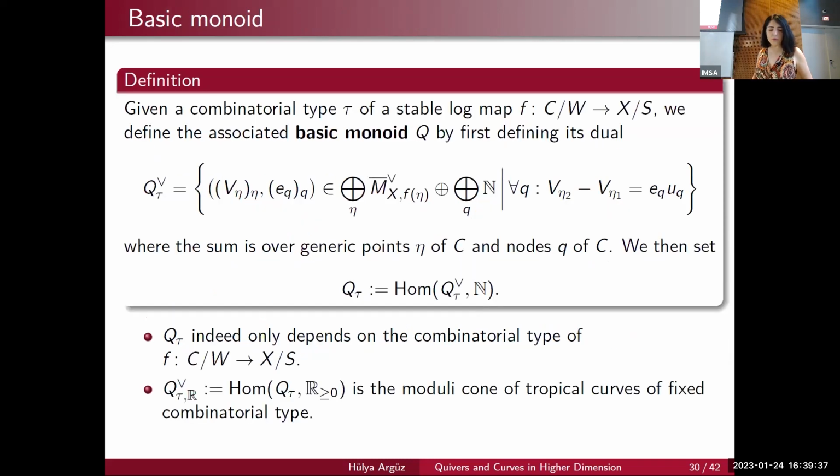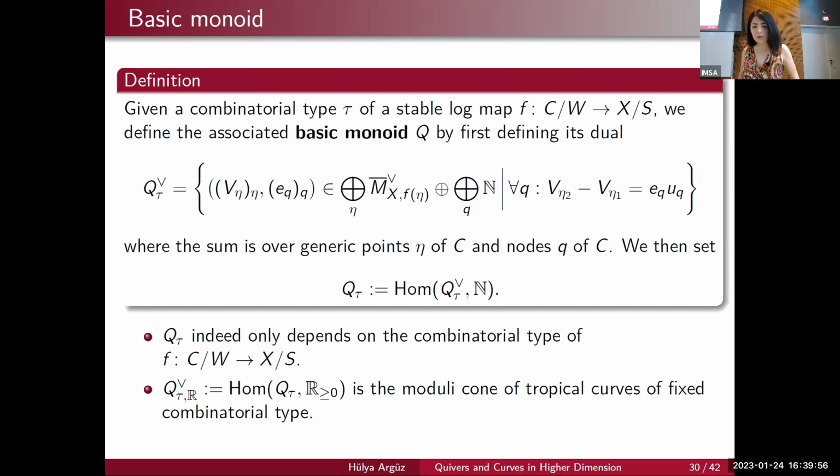So once you fix such a combinatorial type, only out of this data, you can define a monoid, which we call the basic monoid. It's easier to define this basic monoid by first defining its dual. The dual of this basic monoid is defined as follows.